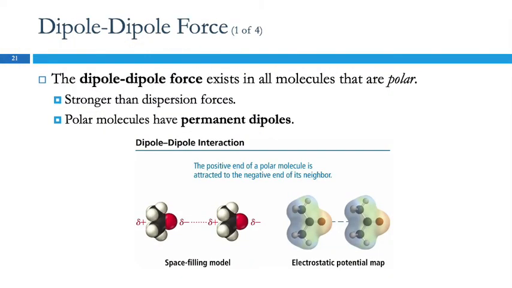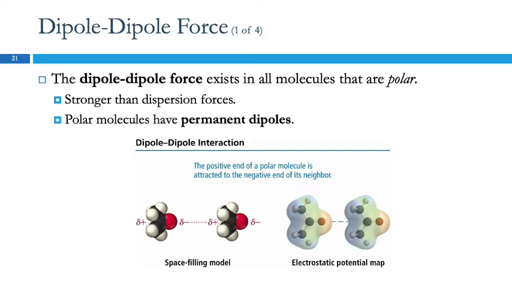The next type of force is called the dipole-dipole force. And this is present in all polar molecules. It's stronger than the dispersion force because instead of a weak dipole that's just there temporarily, here we have an actual dipole that's always there, and so the attraction is always present rather than coming and going.